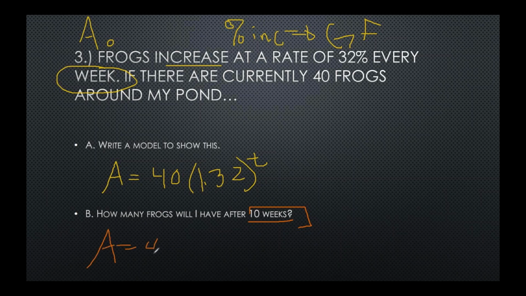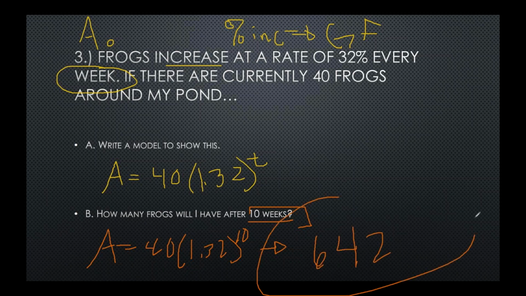So A equals 40 times 1.32 raised to the 10th power. And how many frogs are we going to have? Very good. So roughly 642 of them. That's a lot of frogs. Yes, that's a good answer.